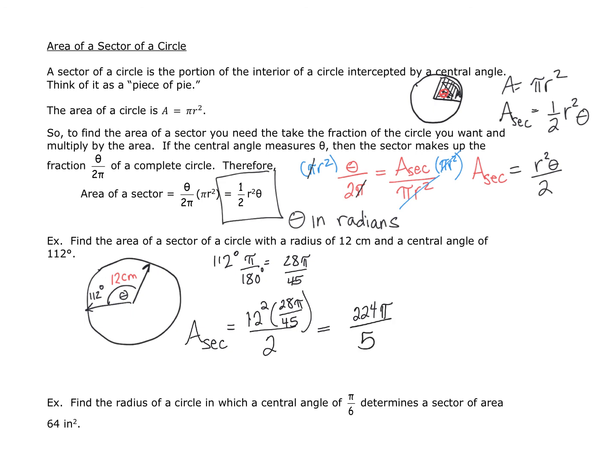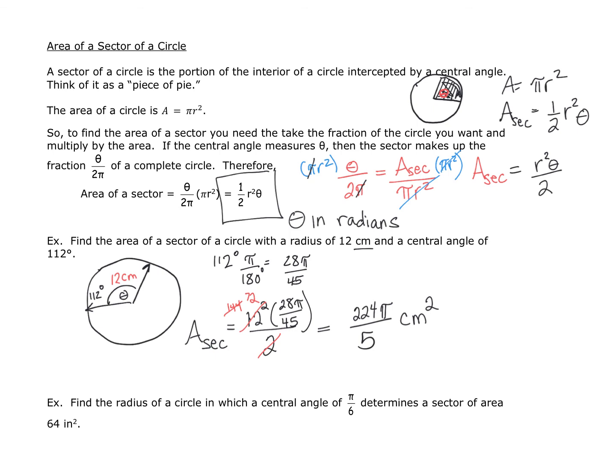And since this is area and our radius was in centimeters, the units here are centimeters squared. So if you were doing this, you could have said, this is 144. 12 squared is 144. 2 goes into 144 72 times. So 72 times 28 divided by 45 gives you the 224 over 5.